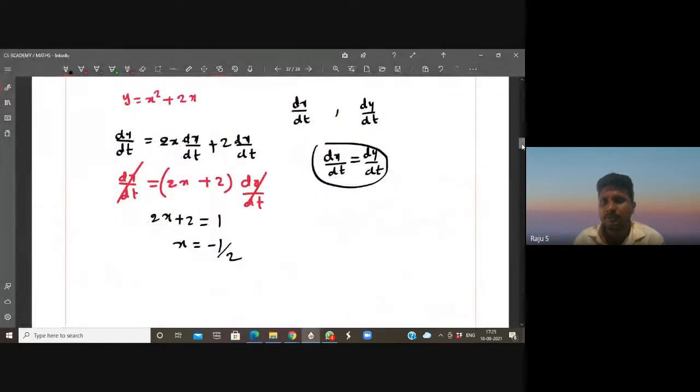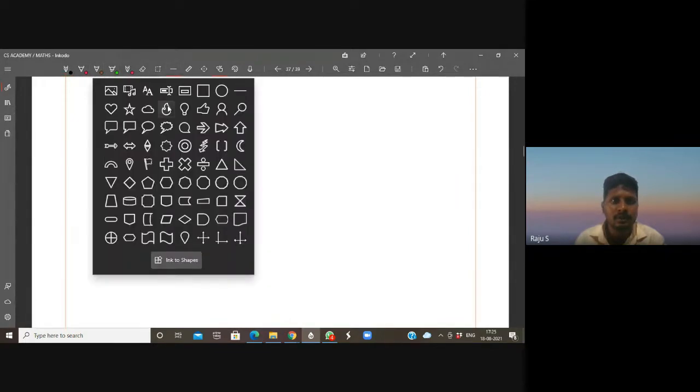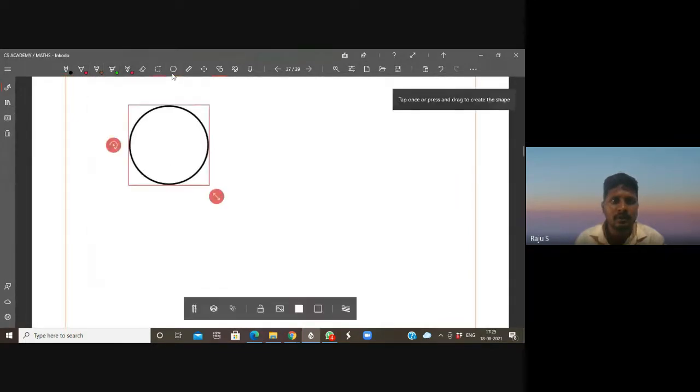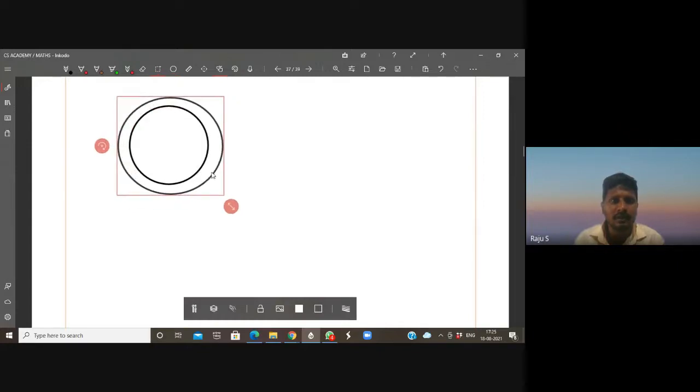Okay, there is a circular plate. It's a simple question. If we increase the radius, the area also will increase. Am I right? This is the circle we have, and I am increasing the radius.